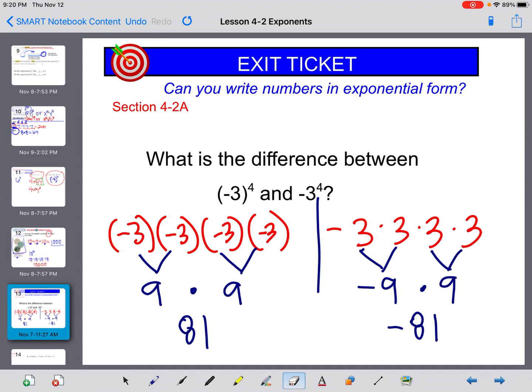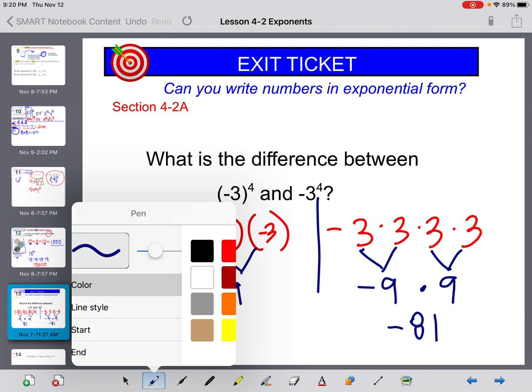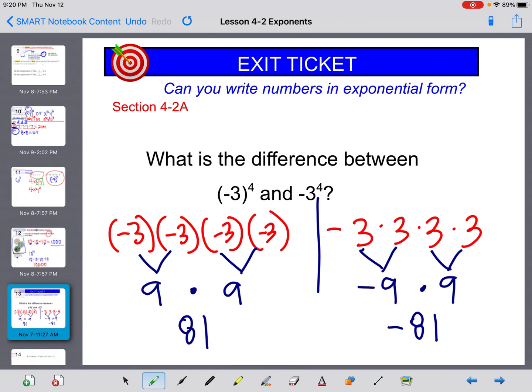What's the difference? A lot. Whether you have parentheses or not is going to determine if your answer is positive or negative. Some people noticed on the left, since there was an even amount of negatives, when they made a pair, it became positive.